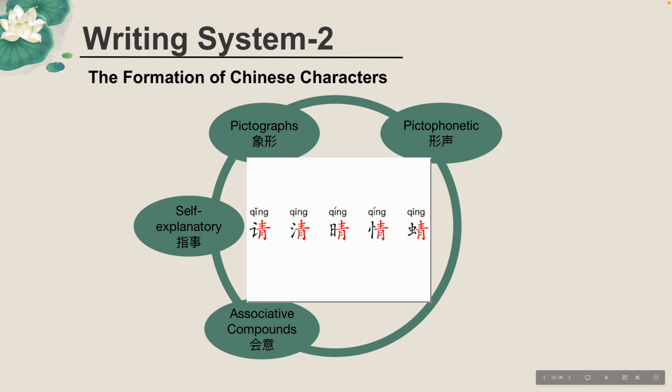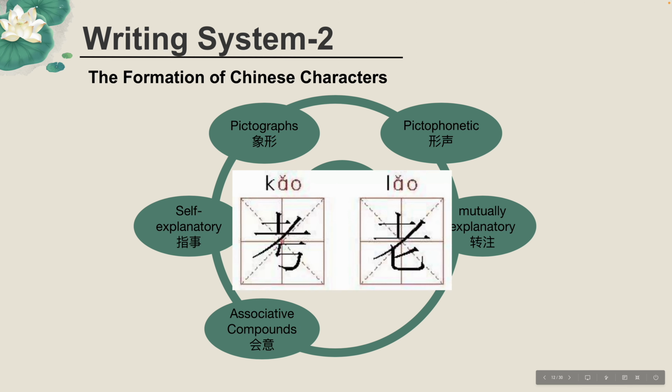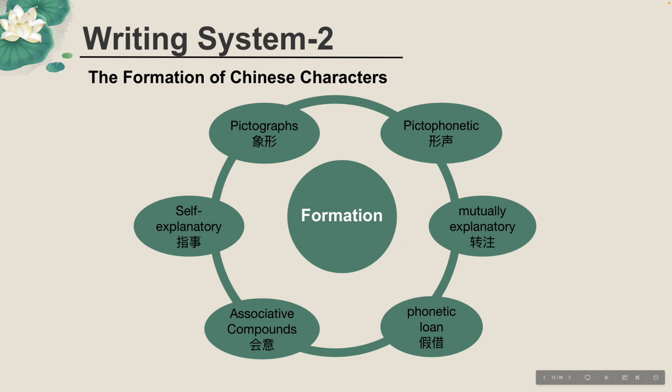The next one is mutually explanatory. 转注字. 转注字 always come in pairs and they share similar meaning or pronunciation. For example, 考 and 老. They share a similar pronunciation and they both mean old people in ancient times. The next one is phonetic loan, 假借. 假借 characters are carrying meanings by phonetic association.